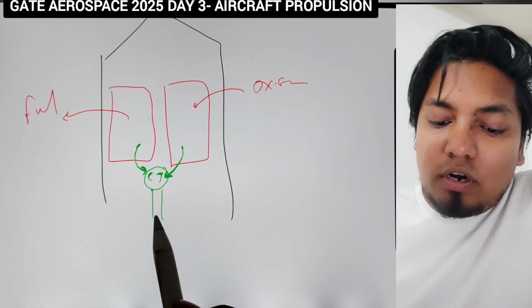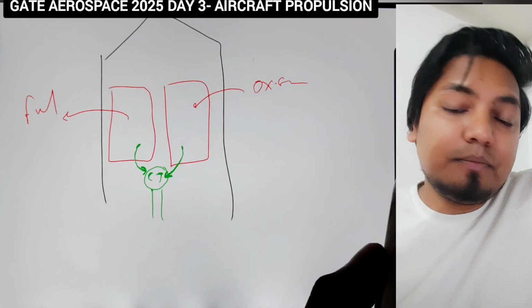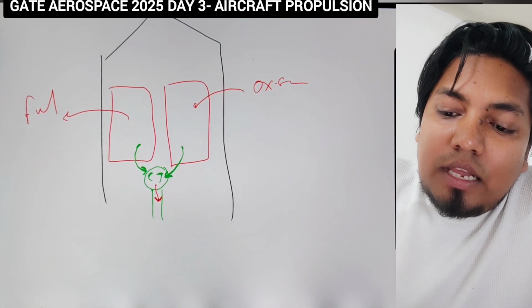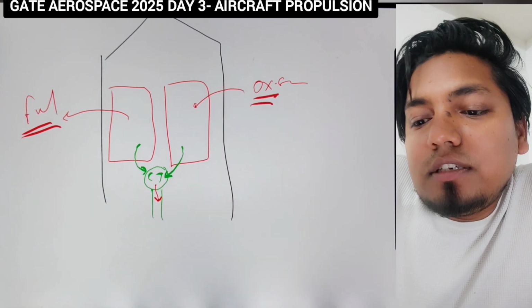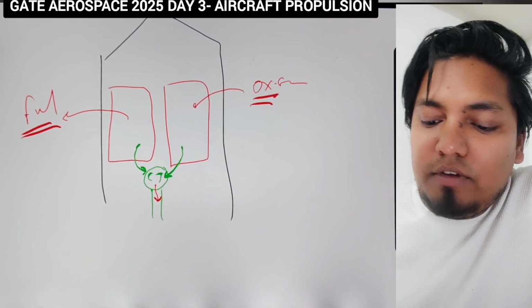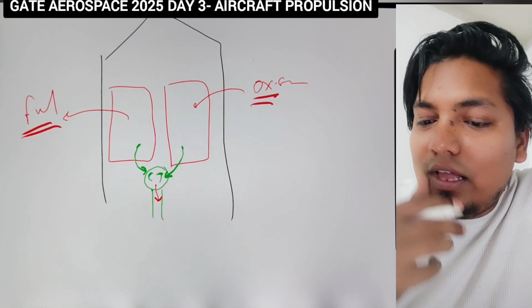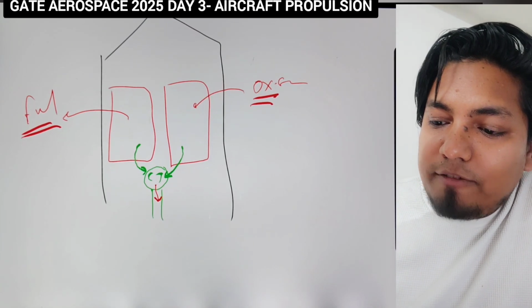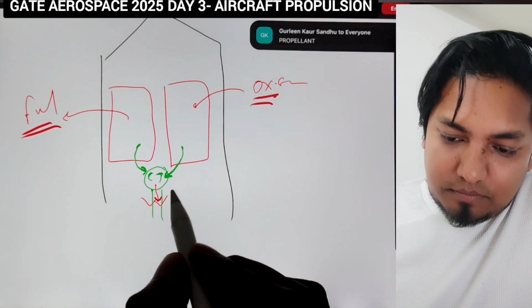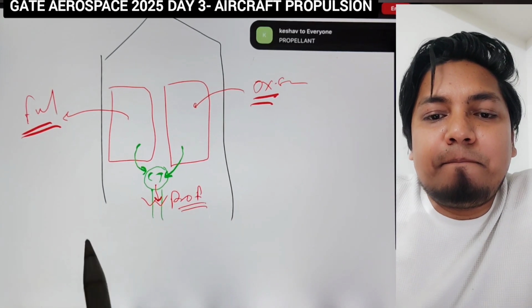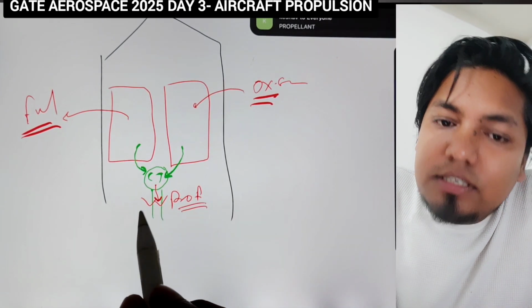Can someone tell me what is the name of the mixture of fuel and oxidizer in rocket propulsion? Propellant. Very good. Perfect. So we say propellant. Now this propellant, you can see, because mixing is taking place, definitely the system is irreversible.